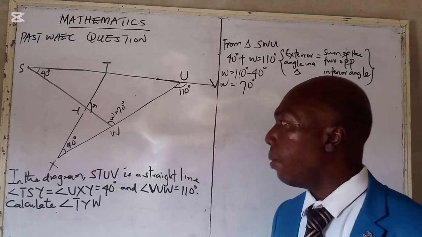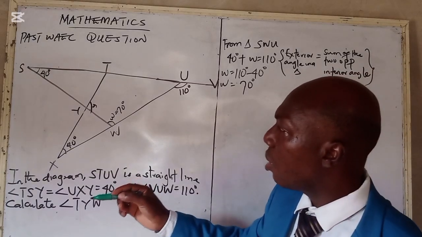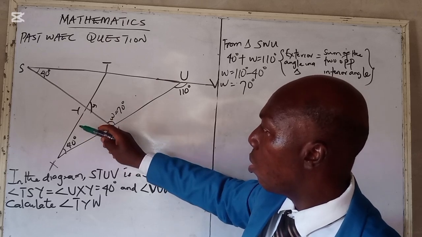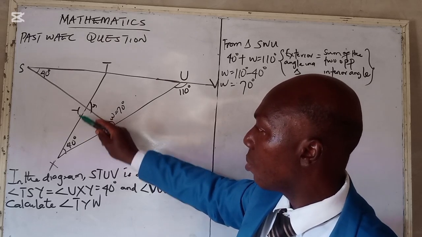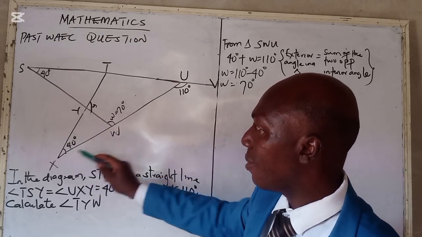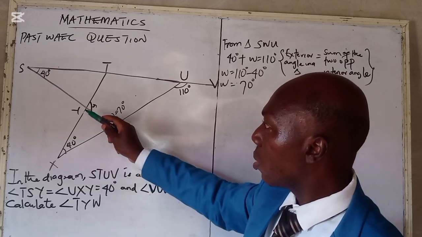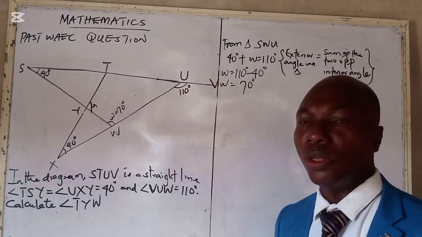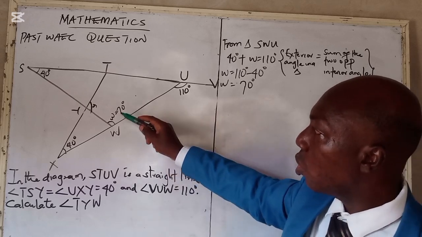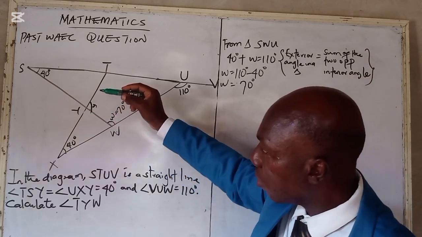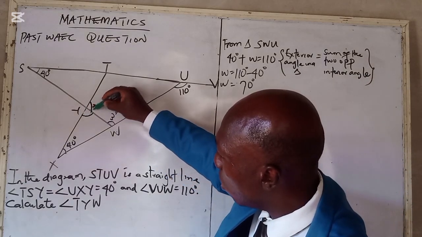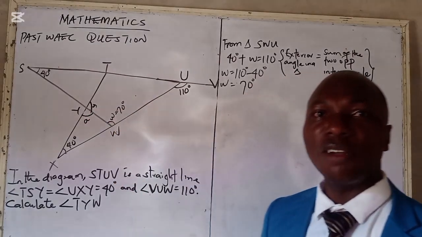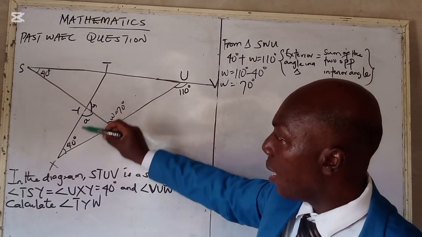There's another one now. When we consider triangle YXW, let's call this angle A, and 40 is an interior angle of triangle XYW.